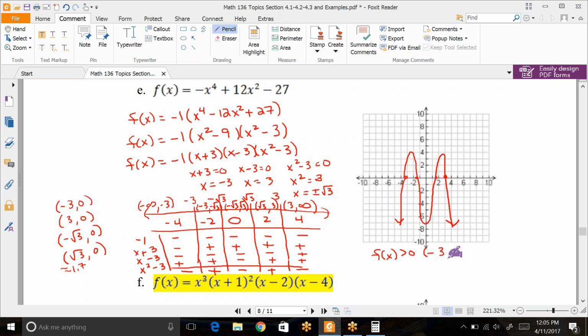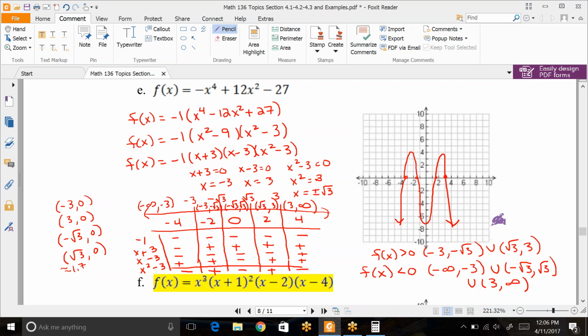So that would be negative 3 to negative square root of 3, unioned with square root of 3 to 3. And f of x less than 0 would be negative infinity to negative 3, unioned with negative square root of 3 to square root of 3, unioned with 3 to infinity. So notice that's just corresponding to when you are above and when you are below.